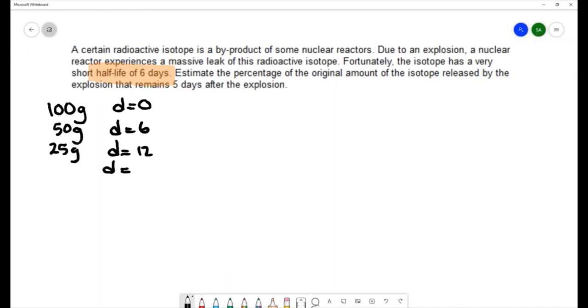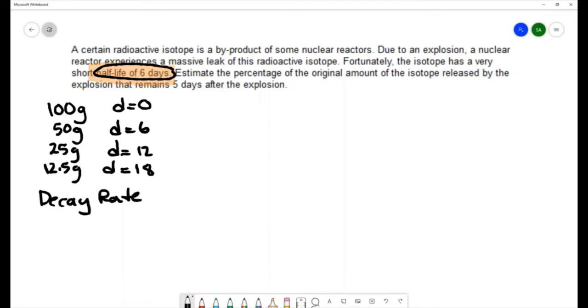Then on day 18, you'd have 12.5 grams, and so on. So the rate at which this decays is it decays by half every 6 days. So with this piece of information, we're going to be able to find the decay rate.